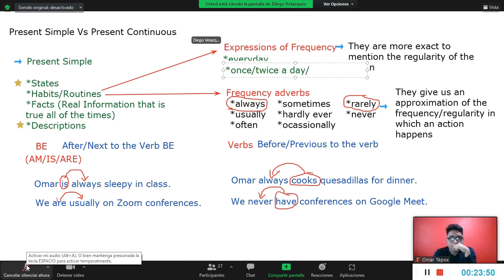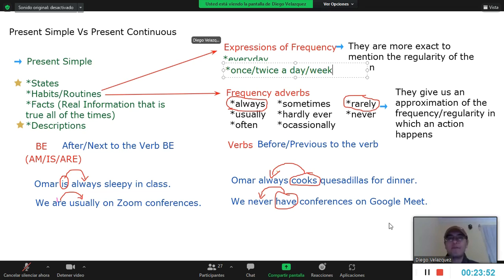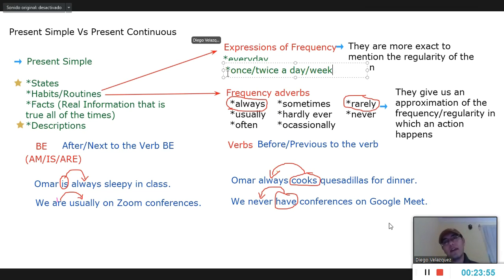Yes. And well, in this case, you can create a lot of combinations, my friends. Twice a day, twice a week, twice, I don't know, a month, twice a year, a decade, a century, a millennium, a lot of combinations that you can create, okay, my friends?